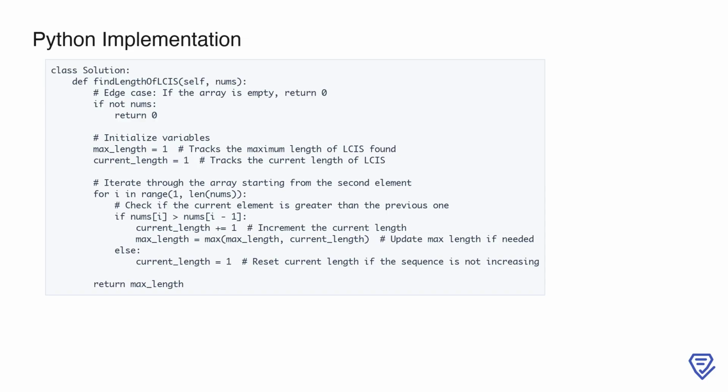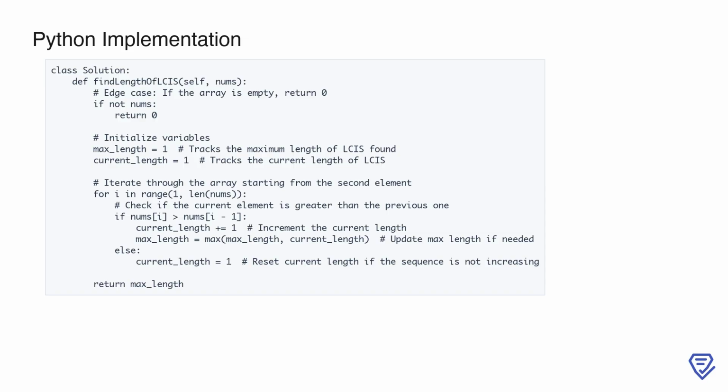If the current element is greater than the previous one, it means the sequence is still increasing. In this case, we increment current_length and update max_length if current_length exceeds it. If the sequence breaks, i.e., the current element is not greater than the previous one, we reset current_length to 1. 4. Return the result. After processing all elements, max_length contains the length of the longest continuous increasing subsequence.